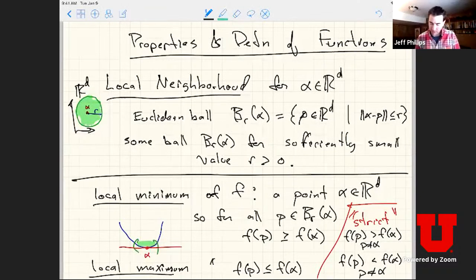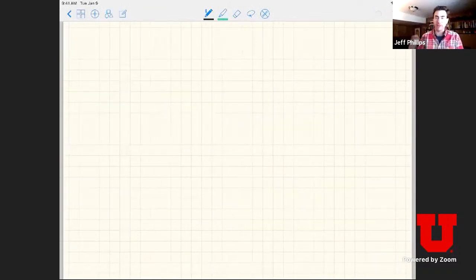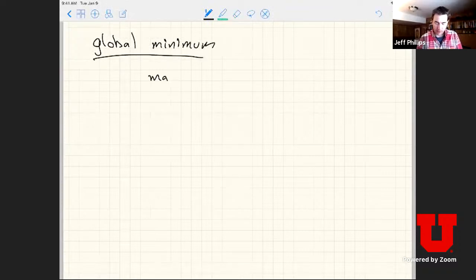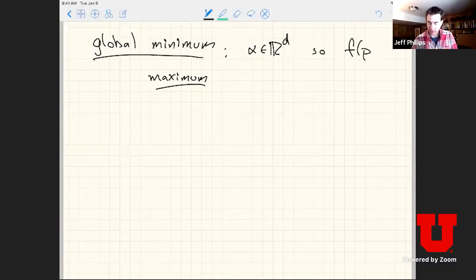Okay, and so the best sort of minimum is what we call a global minimum, and we can say maximum also, is the alpha in Rd such that f of p is greater or equal than f of alpha for all p in Rd, right?